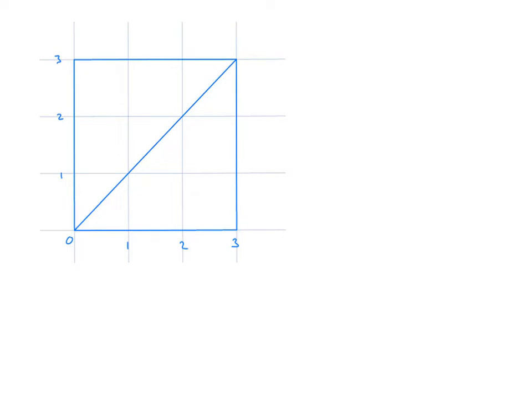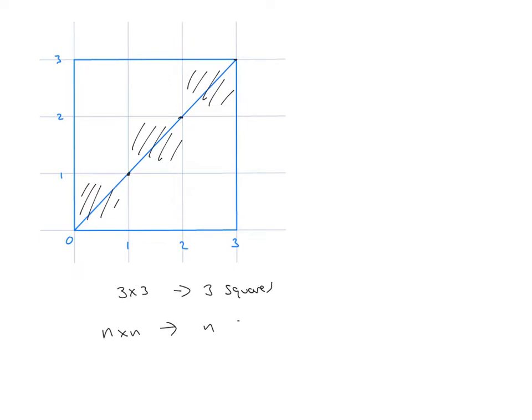We can see that the diagonal is going through 3 squares, and that of course is because in a 3 by 3 square, the diagonal is going to go through the vertices of each square along the diagonal, and there are 3 diagonals here. So in a 3 by 3, it's going to go through 3 squares. And I think we can generalize that to, in an n by n, it's going to go through n squares.